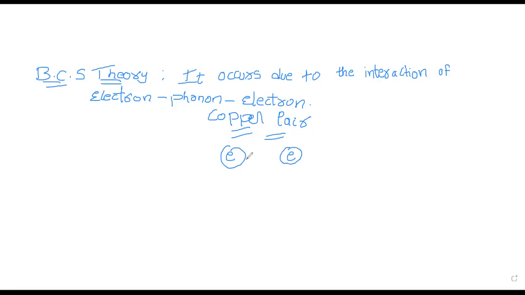These electrons are interacting through the vibration of the lattice, which we call a phonon. Due to this lattice vibration only, the electrons interact with each other. We term this pair the Cooper pair.